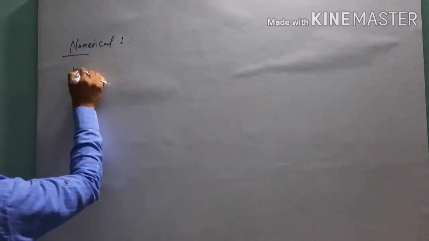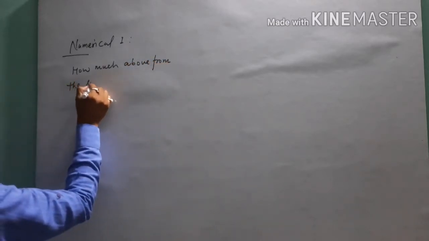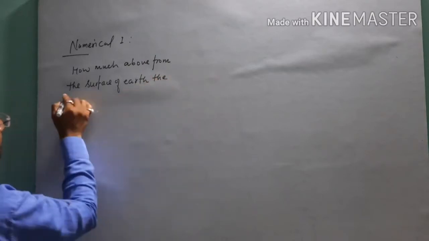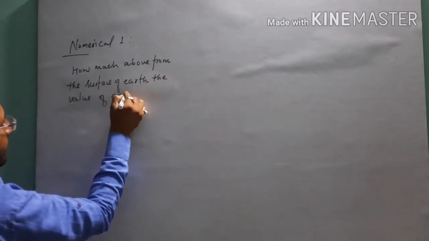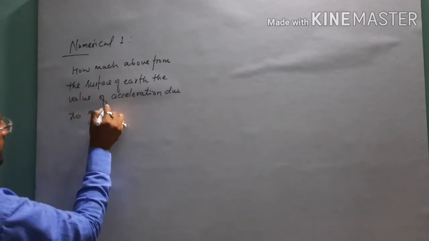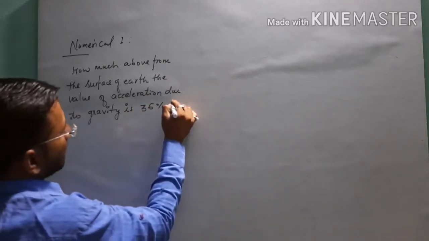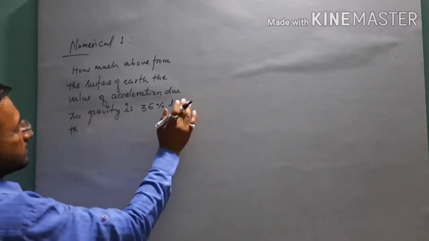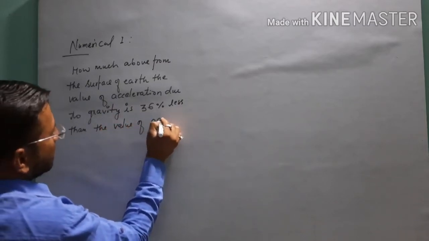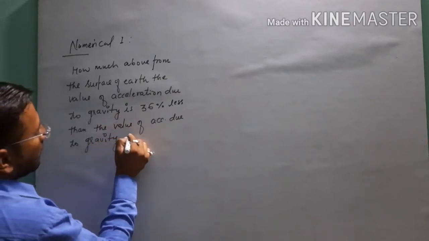Question is, how much above from the surface of earth is the value of acceleration due to gravity 36% less than the value of acceleration due to gravity of earth.